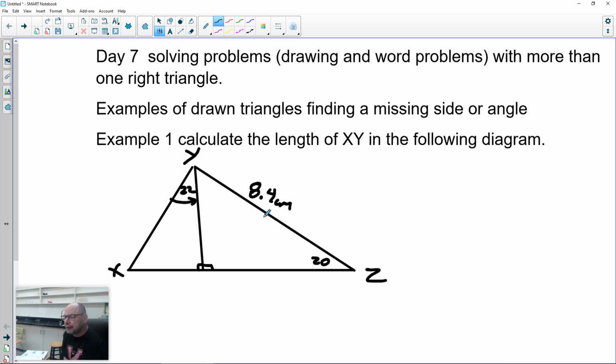Okay. So basically what we want to do here is we want to find XY. So we want to find the missing common side and then take that common side and find the hypotenuse. So there's 2 basic steps in here, and we'll just slide this right to the top so we can see it a little better.